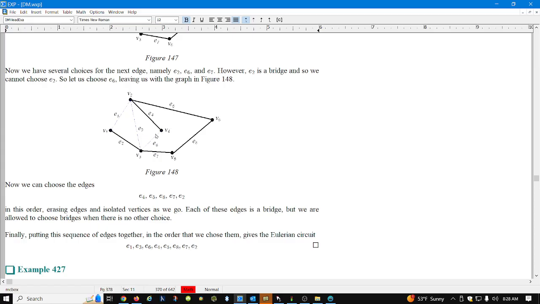It will isolate V4, but the algorithm says you can choose a bridge if you have no other choice. We have no other choice. We choose E4. We have no other choice, so we choose E5, and then E8, and then E7, and then E2. And that is an Eulerian circuit.